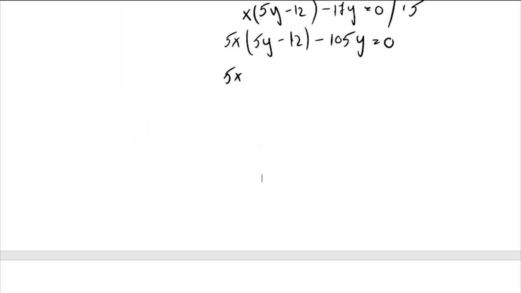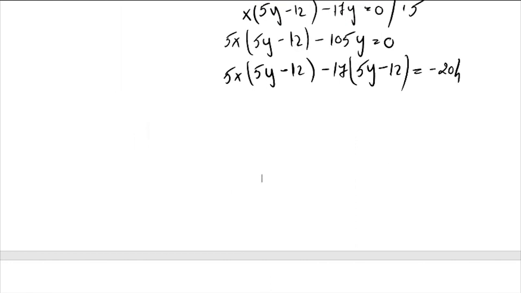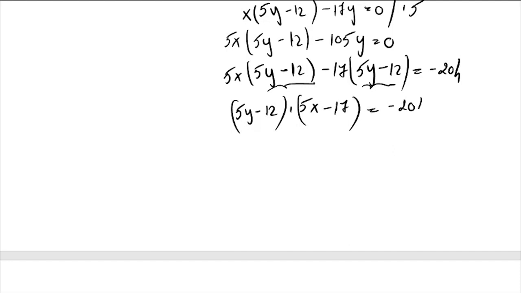Common factor 5x multiplied with (5y − 12) − 17 multiplied with (5y − 12) equals −204. Now I'm going to use common factor again. I'm going to factorize (5y − 12) multiplied with (5x − 17), which equals −204.